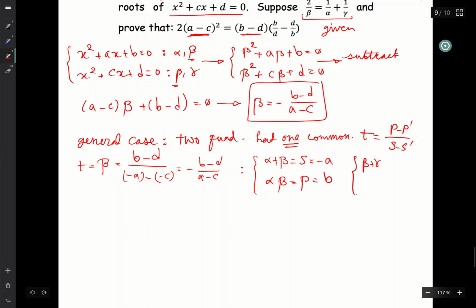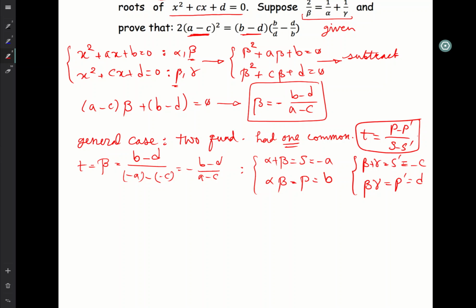Beta plus gamma is s prime, which is minus c. And beta times gamma is p prime, which is d.